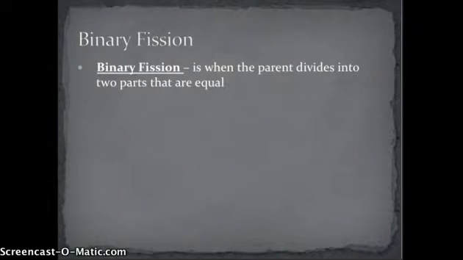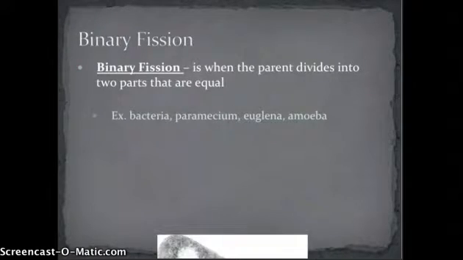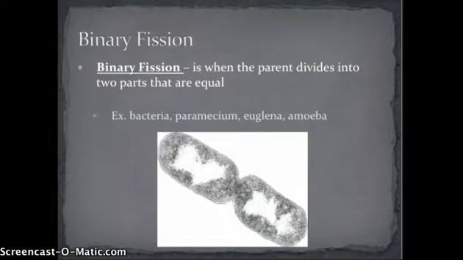This is when a parent divides into two parts that are equal. So the examples here are bacteria, paramecium, euglena, and amoeba. These are all organisms that will divide using binary fission.